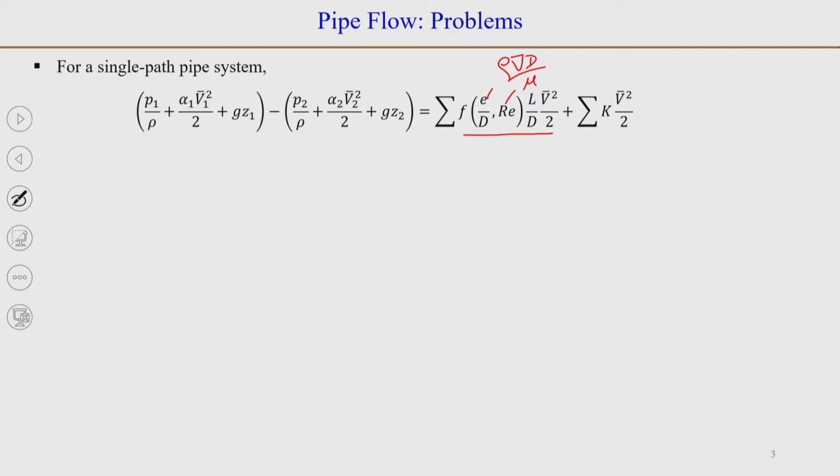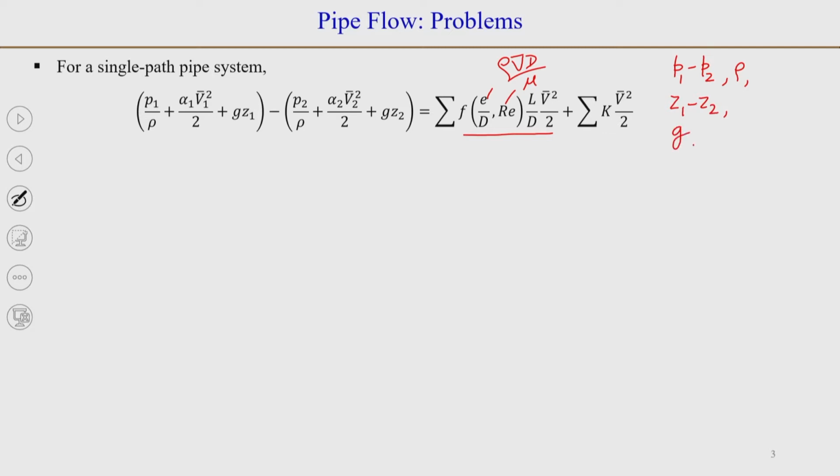Now, if we look at that, what are the variables involved in this? So, we can list down those variables here. Let us say P1 and P2, or we can combine, say this will be P1 minus P2 divided by rho. So, the pressure drop P1 minus P2, we will have rho, as well as we will have Z1 minus Z2, and some constants.